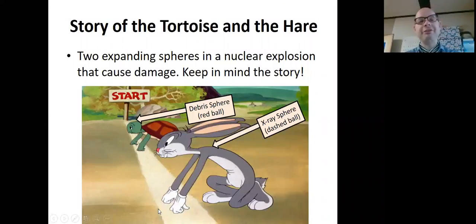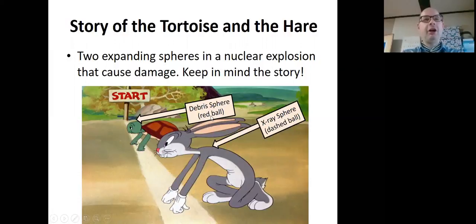Now I want to talk about the story of the tortoise and the hare. There are two expanding spheres that I want you to keep in mind in a nuclear explosion that can cause damage. Of course, the story is, and I don't know the whole story, but the idea is that the tortoise and the hare start at the same time, and the tortoise here represents the debris sphere.